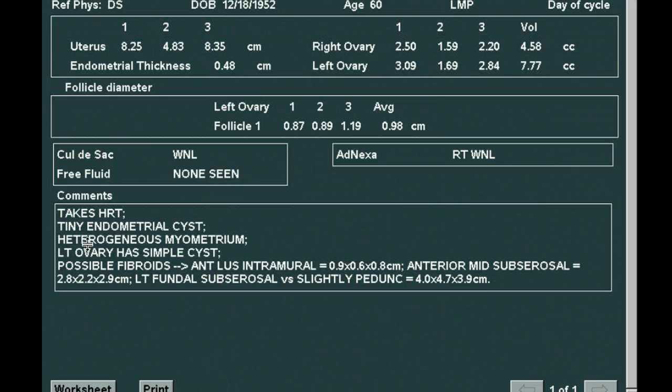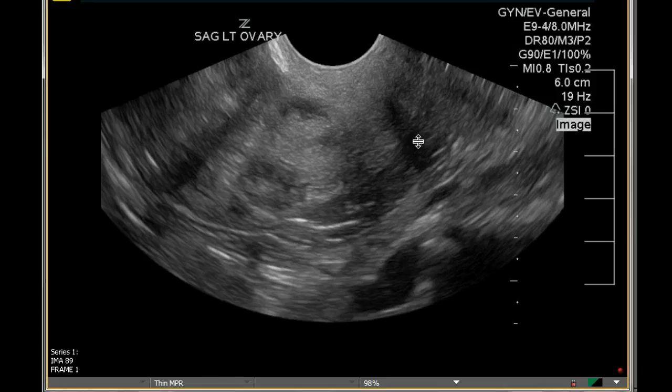We'll have to go back through that on some of the cine clips. There was a simple cystic lesion of the left ovary. And that thing that she was measuring felt like another fibroid, a 9 millimeter fibroid. I think that was actually in the cervix, and I think that was a Nabothian cyst. So let's pull up some cine clips here.